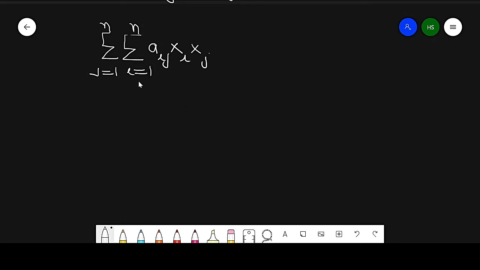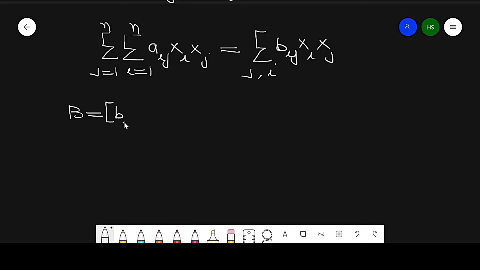Now each quadratic form can be written as the summation of bij xi xj, where j and i run from 1 to n. So every quadratic form can be written in this way, where B is a symmetric matrix, bij being the coefficients of a symmetric matrix.